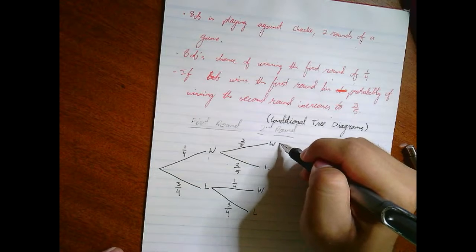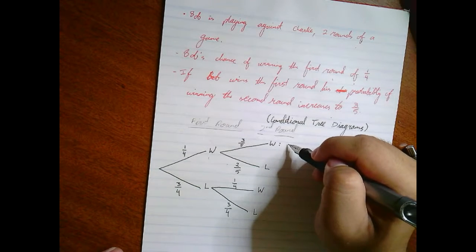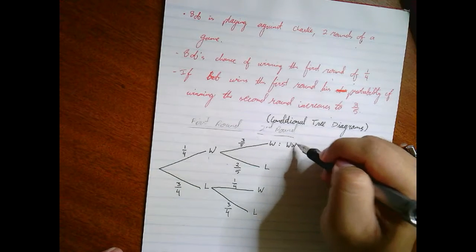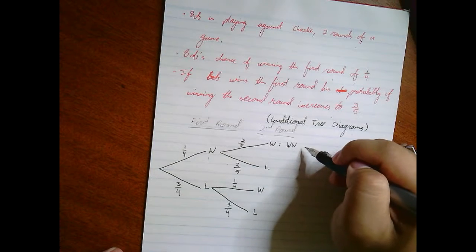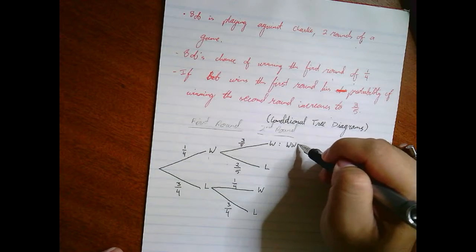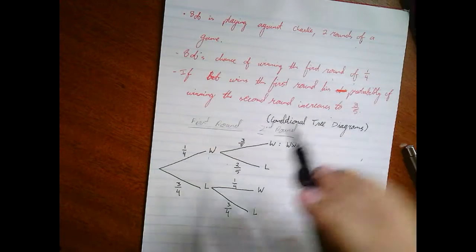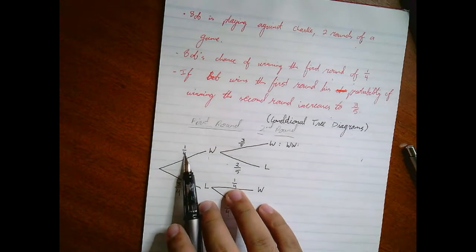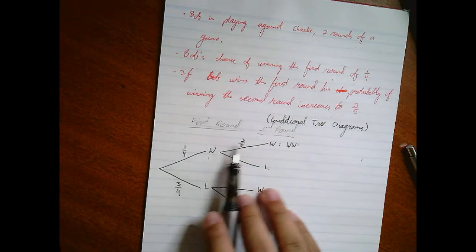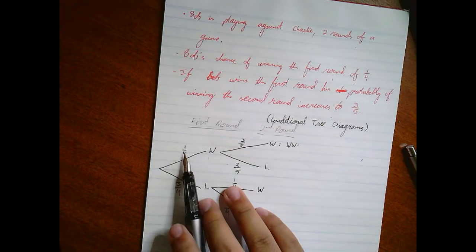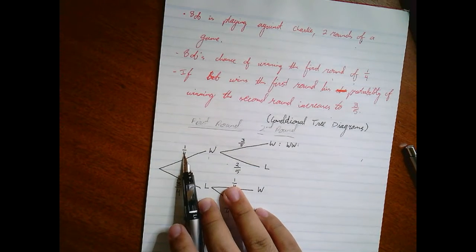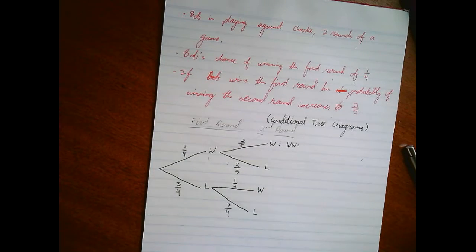So in this one here now, his chances of getting a win and then a win, so a win-win, WW. The probability of this happening is actually the product of the branches that it took to get there. So it would be 1/4 times 3/5. I'm going to write that underneath here.